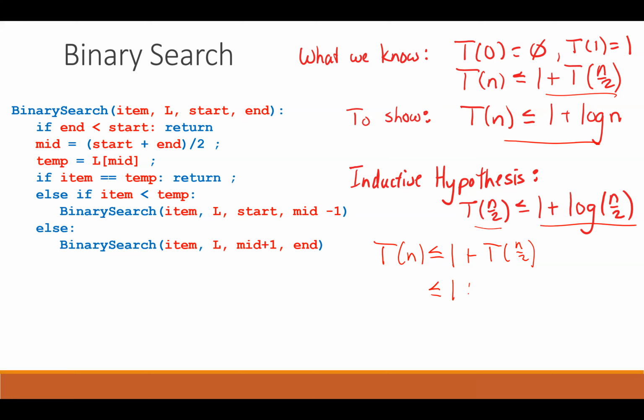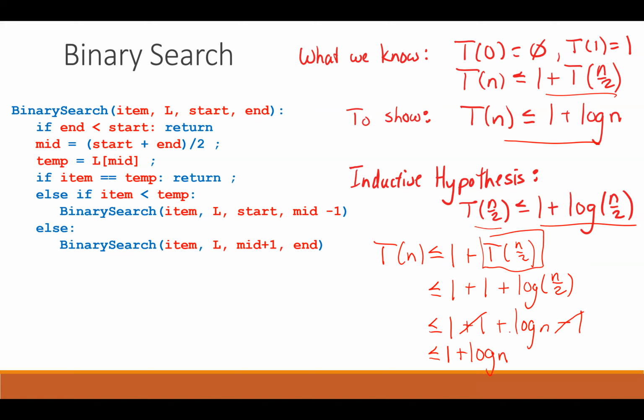This is equal to 1 plus 1 plus log of n over 2. I know from what we talked about with logarithms, this is equal to 1 plus log of n minus log base 2 of 2, which is 1. This one and one of these cancel out, and I get 1 plus log base 2 of n, which is what I wanted to show.